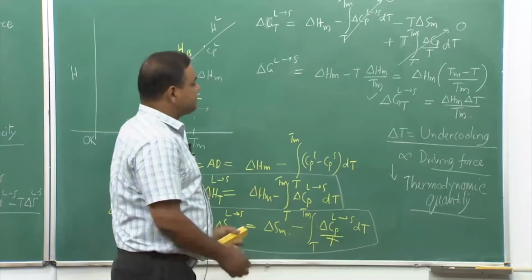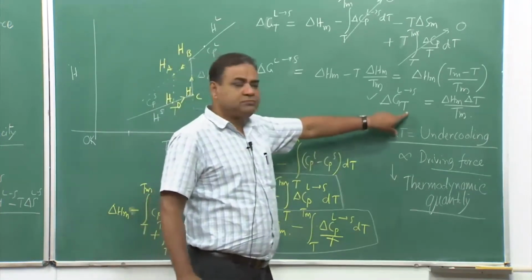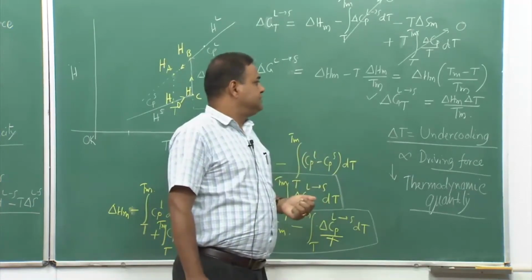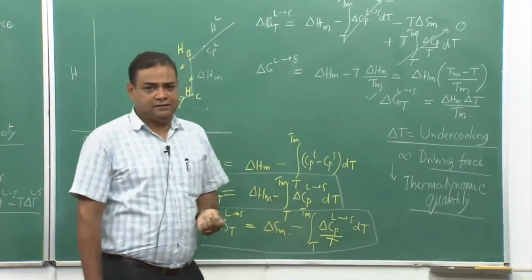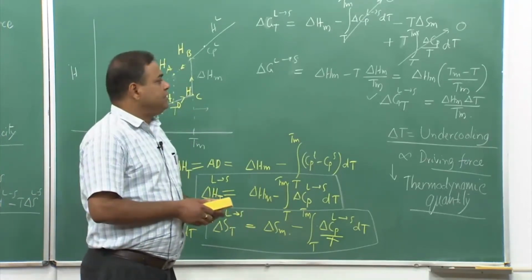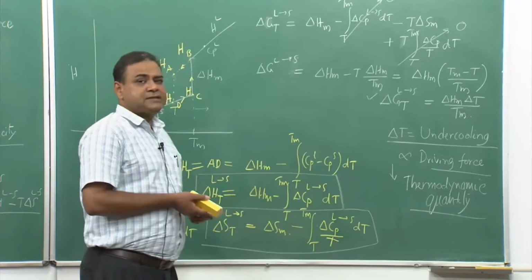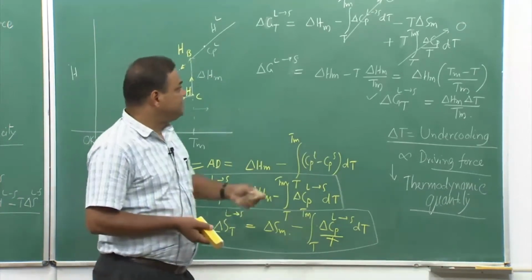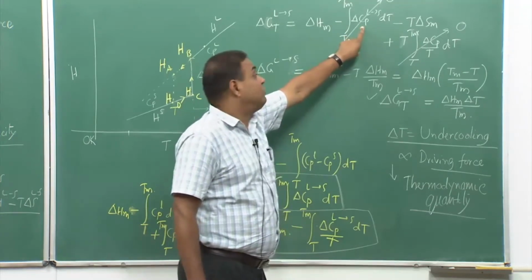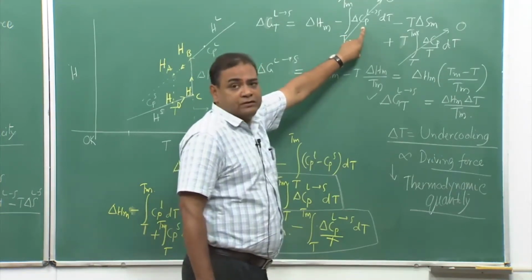Now, when we see this value, let us see how it can be modified, how it can be refined. We would like to see the refinement in terms of better and better approximation for del Cp liquid to solid.